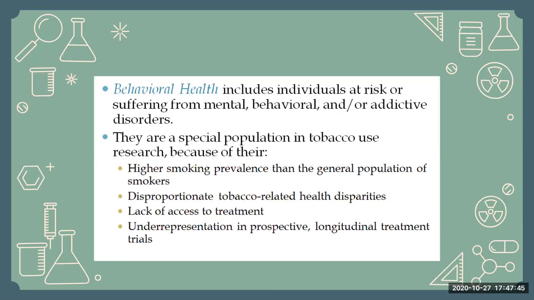This statement shows that individuals who have a behavioral health or mental health disorder, along with addictive disorder like substance use, do have higher smoking prevalences. And this can be attributed to why smoking is also treated in substance use populations. Next slide.